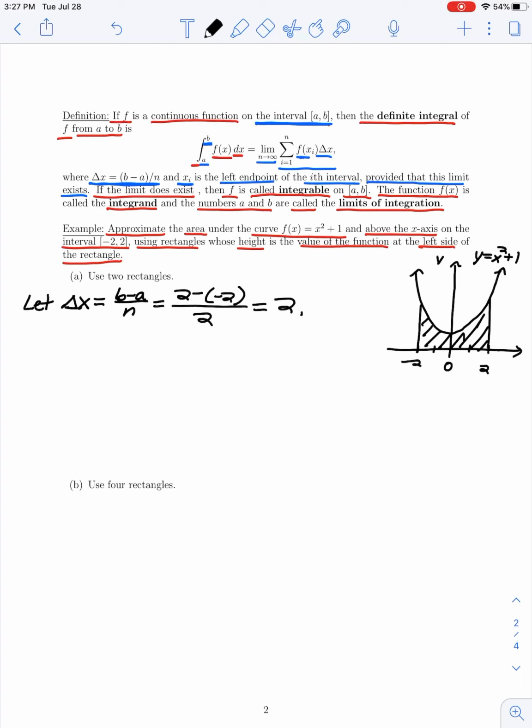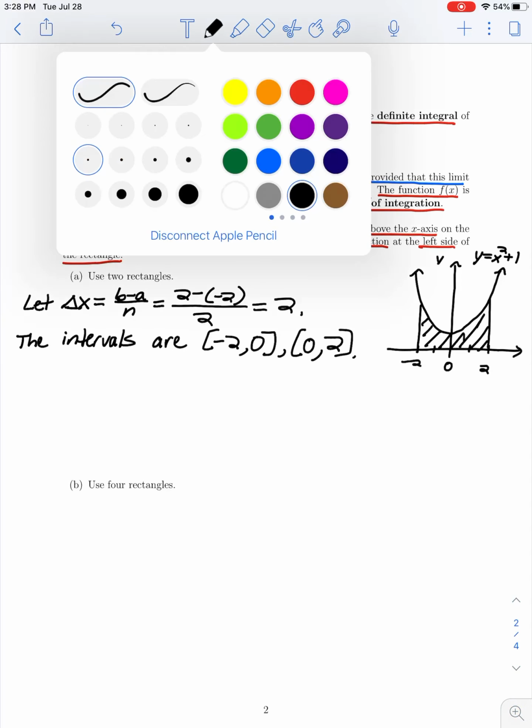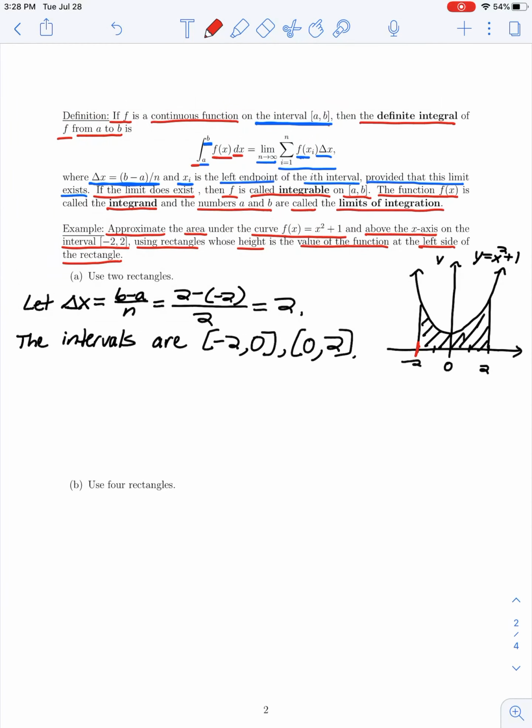So the intervals which will define the base of our rectangles are from -2 up to 0, and from 0 to 2. So here we're taking our total interval, -2 to 2, and we're dividing it into two equal pieces.